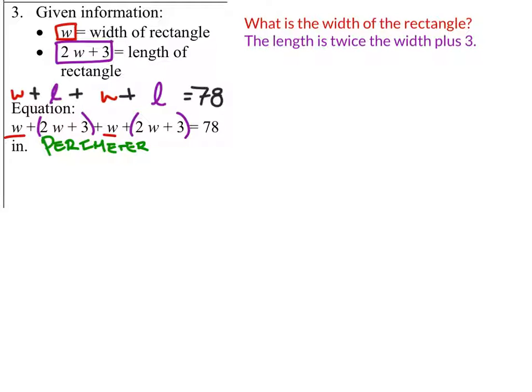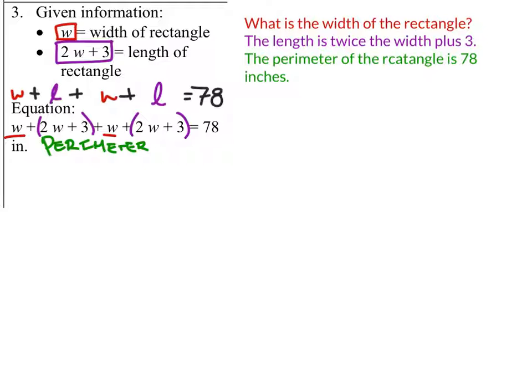Next up is the equation. Now we know the equation represents the perimeter, so we'll say the perimeter of the rectangle is, and it shows there it equals 78, and it looks like that's in inches. 78 inches.